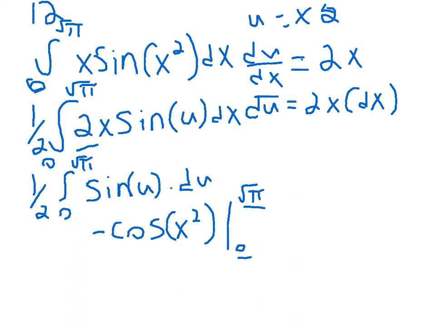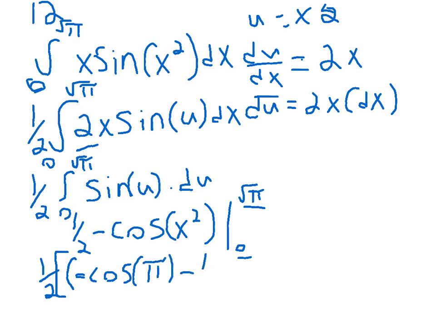There's 1/2 out there, so you need to do 1/2 times negative cosine of, so radical pi squared just becomes pi, minus 1/2 times negative cosine of 0.